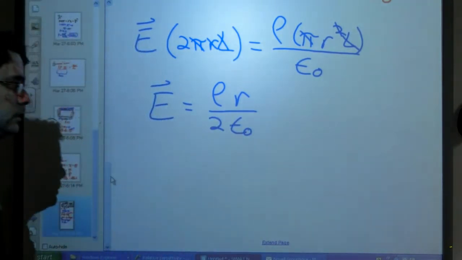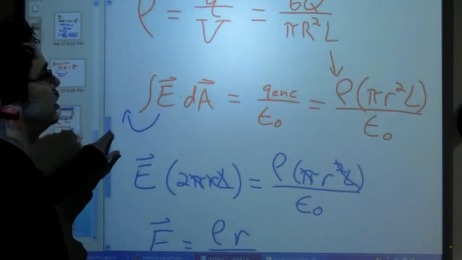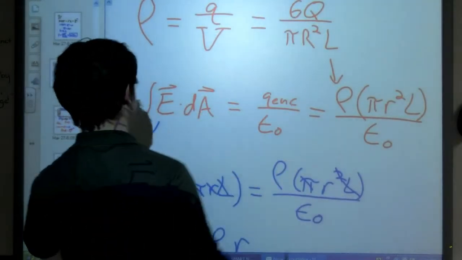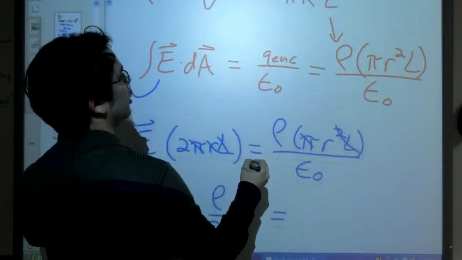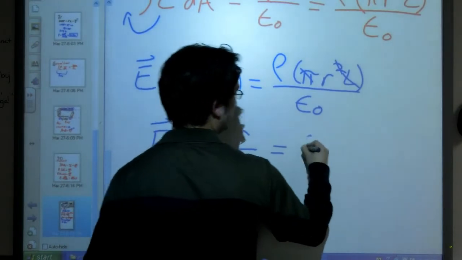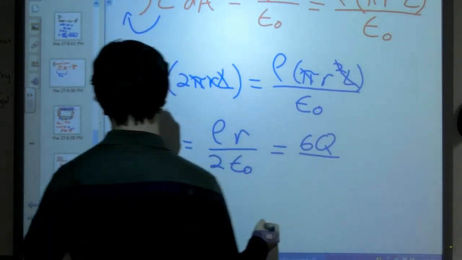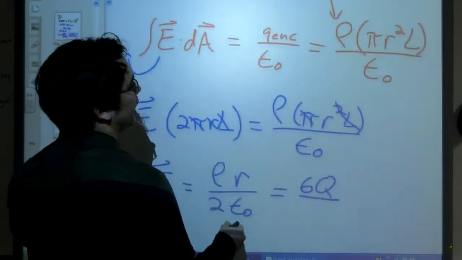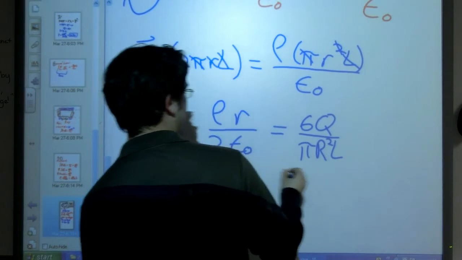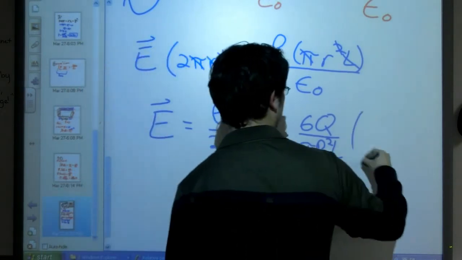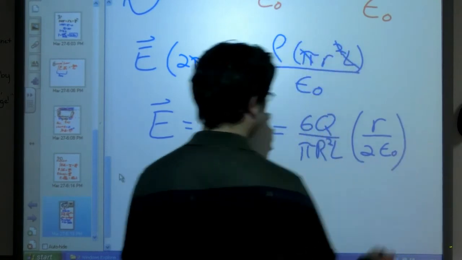Now technically, rho was not one of the values that I gave you, so we want to plug back in this value: rho is equal to 6Q divided by pi capital R squared times L. And then that's our rho, times r over 2 epsilon naught.